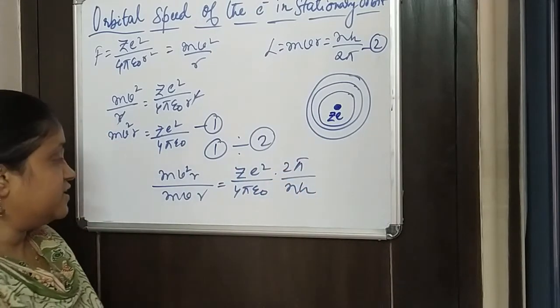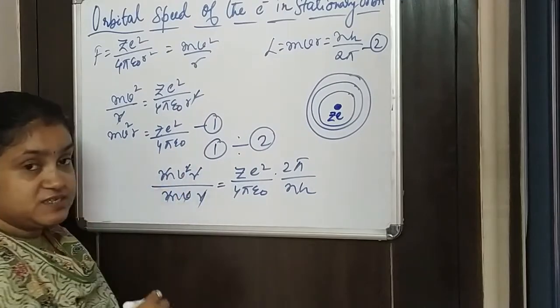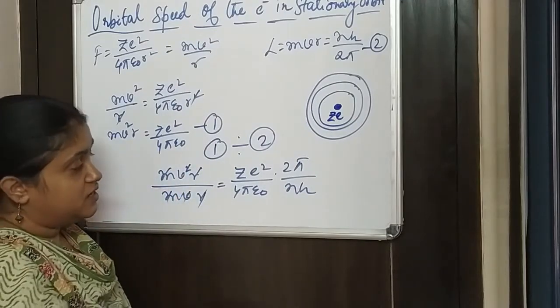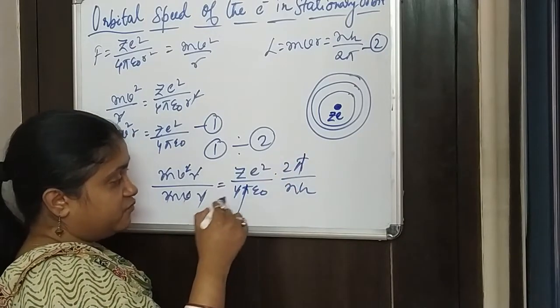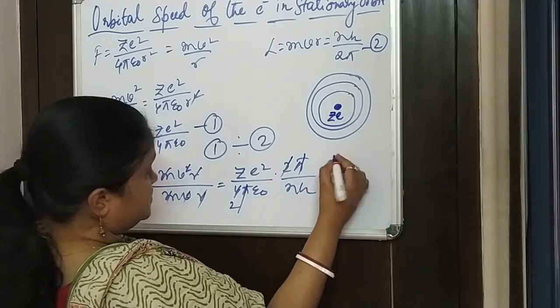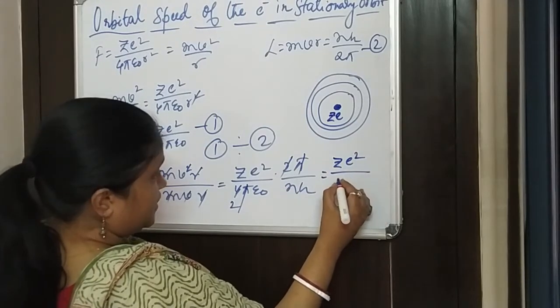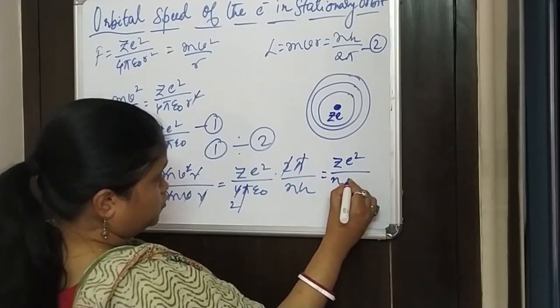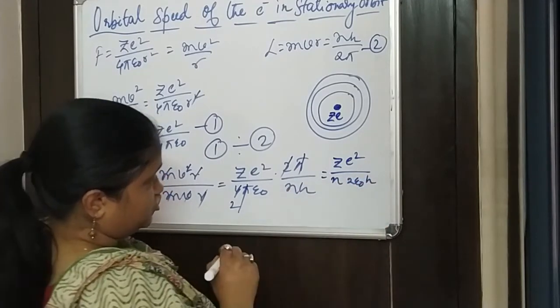So we just divided. As you divide, all this gets cancelled, only v is remaining on the left side. On the right side, this pi gets cancelled, 4 becomes 2, this 2 gets cancelled. So this becomes Ze square by n into 2 epsilon naught h.